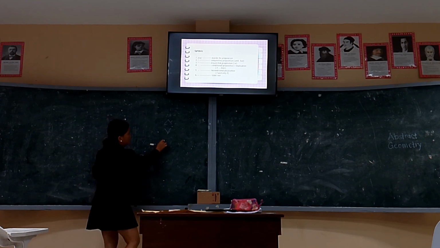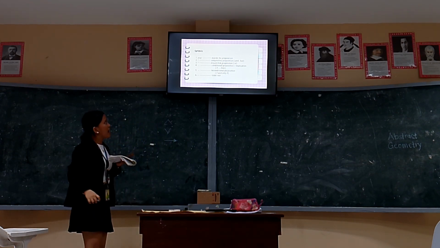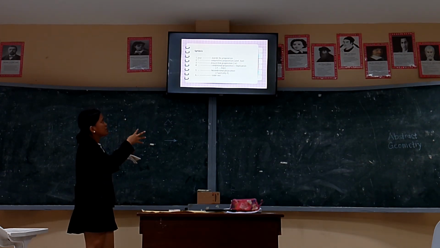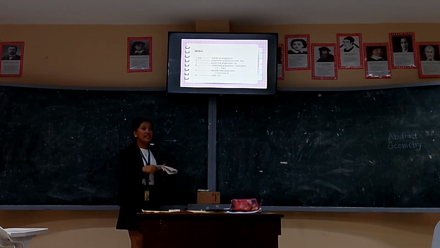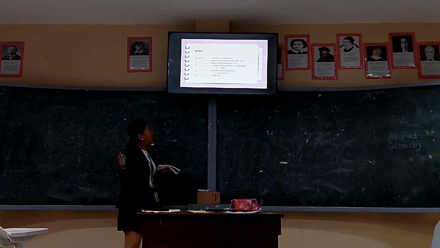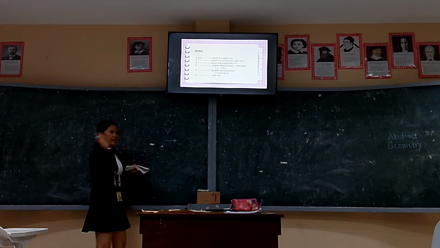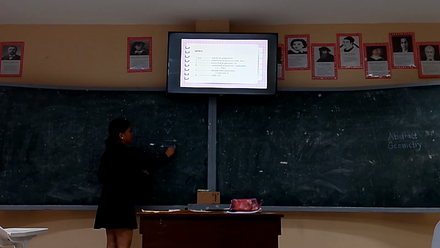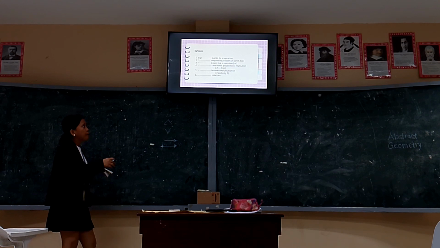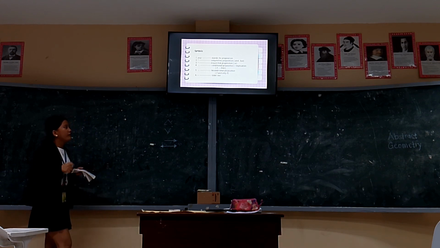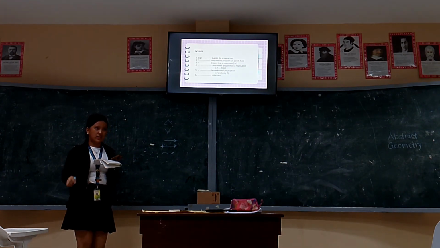Then, kanang arrow nga padung sa kilid, mao na siya ang conditional proposition or implication. So, basahon na siya as if, then. Then, the double arrow, tawag niya biconditional proposition, if and only if. Then, the last one is not.